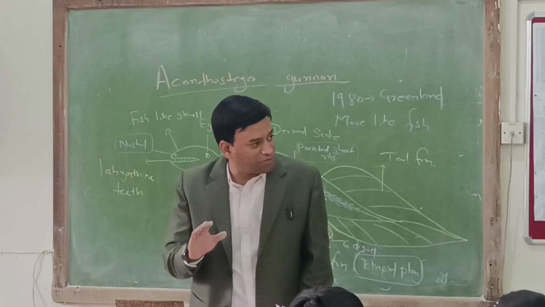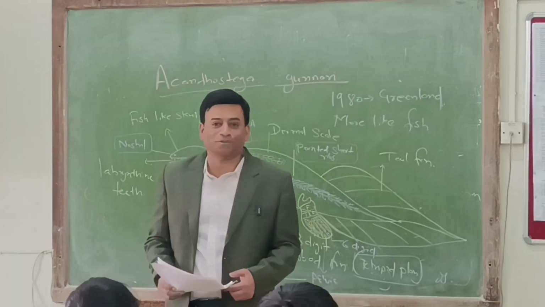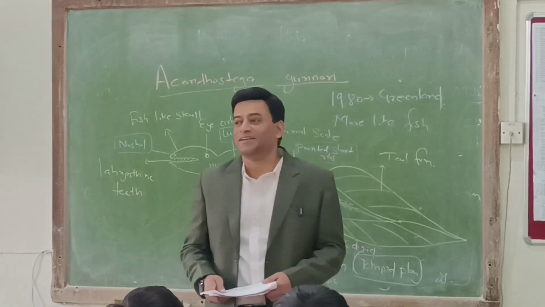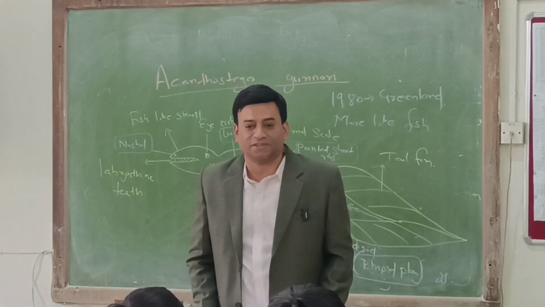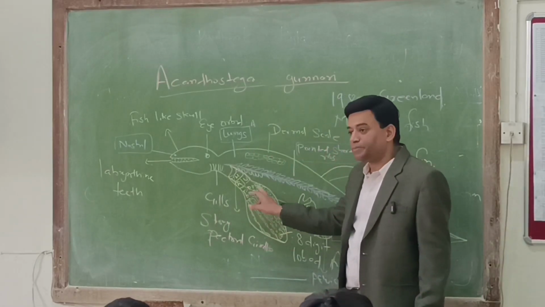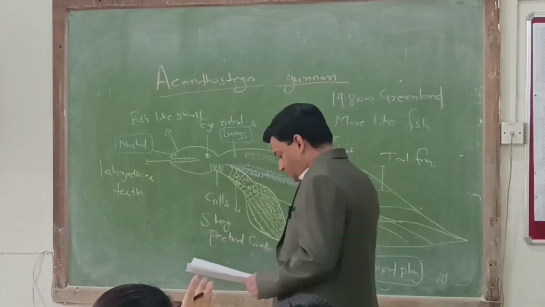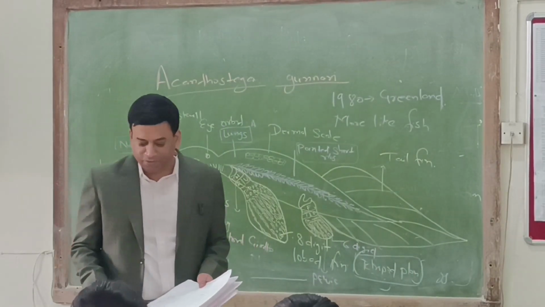To drag the body on the land, you need a movable joint. So this is Acanthostega, the very famous connecting link fossil, but scientists were amazed to find that there is no movable joint between these bones. Acanthostega gunneri.